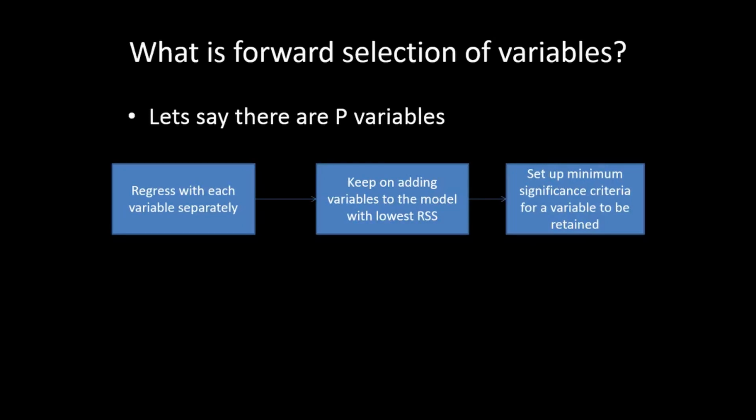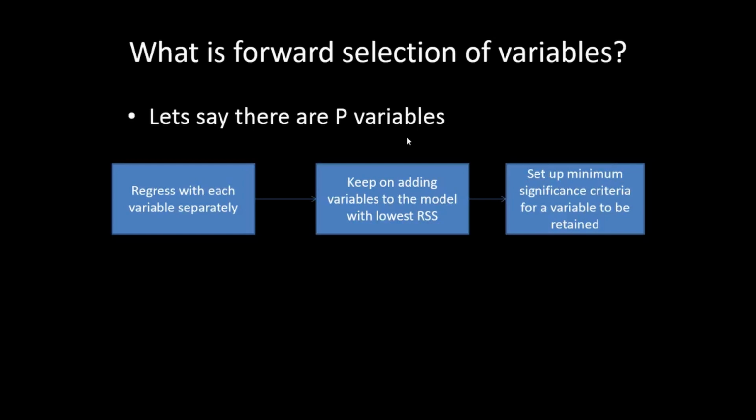So we arrange the p independent variables with respect to the residual sum of squares. The one which has the least residual sum of squares is picked first and used in the model.